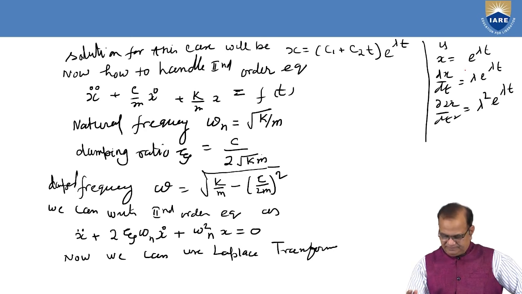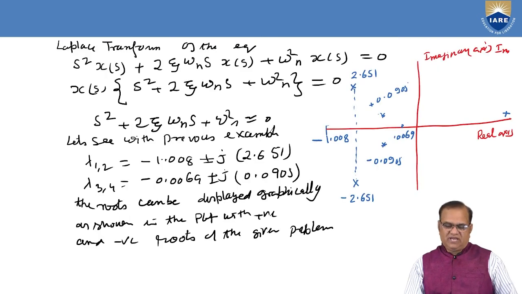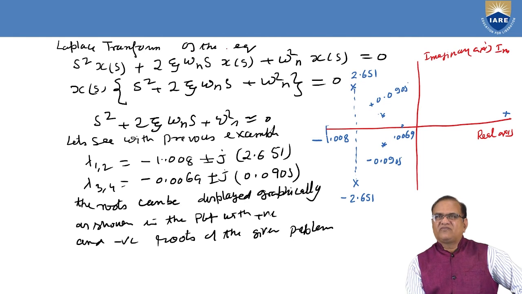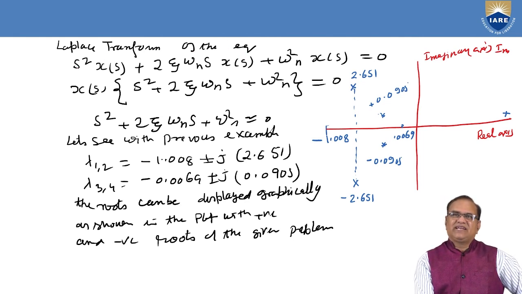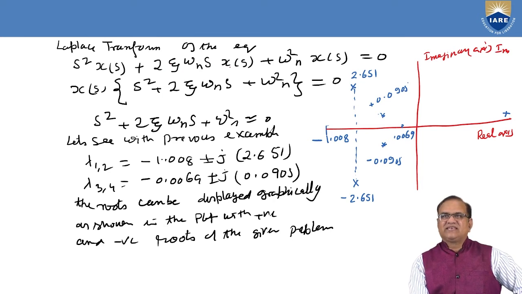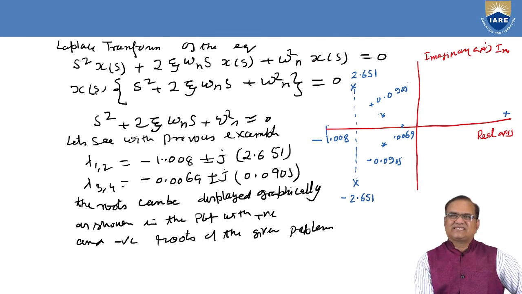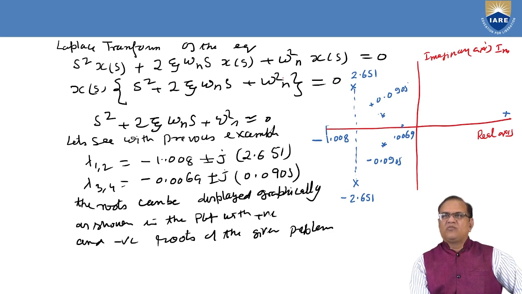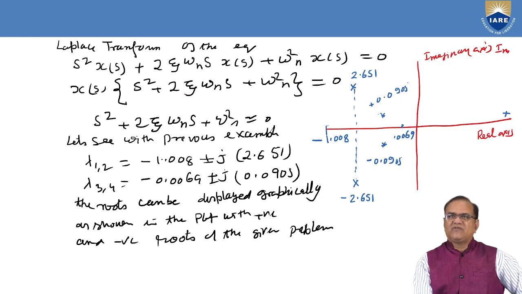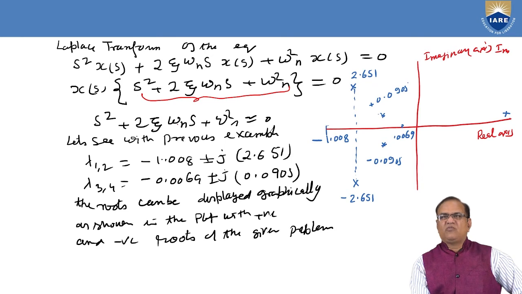Now if we take the Laplace transformation of this equation, we get s square X(s) plus 2 zeta omega n s X(s) plus omega n square X(s) is equal to 0. If we take X(s) common, we get s square plus 2 zeta omega n s plus omega n square is equal to 0. This equation is the characteristic equation.